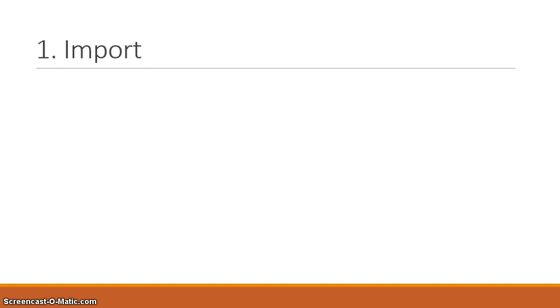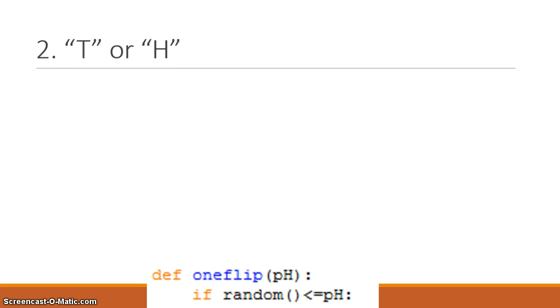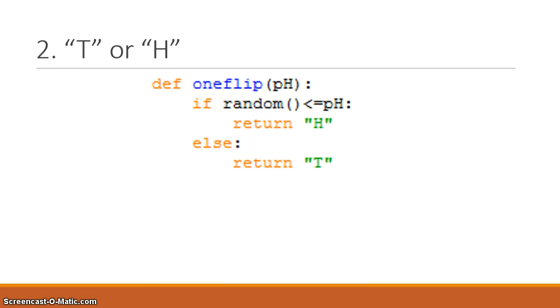So first, import. I will import the random module because I will use it in the next program. This is how I write a program to return if it's a tail or head. The random module will return a random number from 0 to 1, and pH will be the probability of heads.